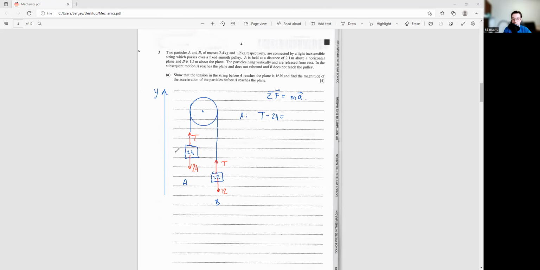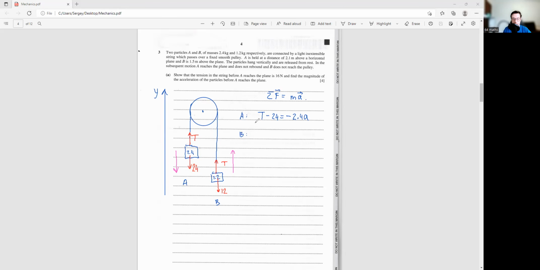And now it's really important to understand where acceleration is pointing. So the particle A moves down, and the particle B moves up. So that means that the acceleration of the particle A is negative because it's in the opposite direction of the y-axis. So I will take it with a negative sign. Mass is 2.4 times a.